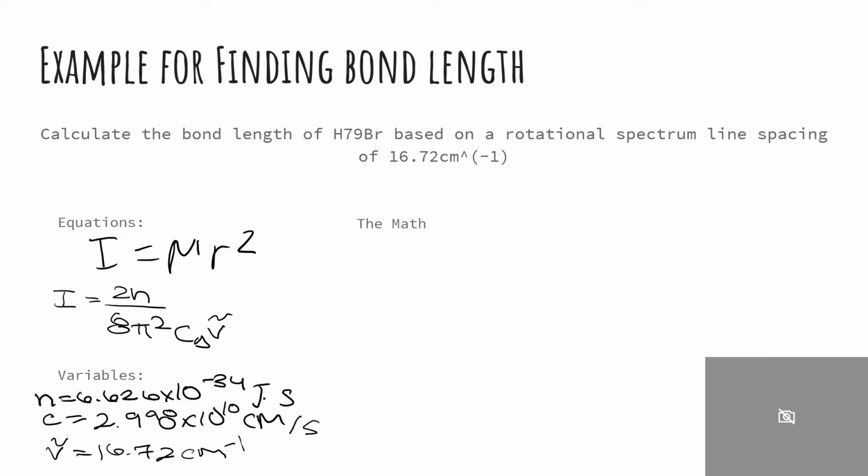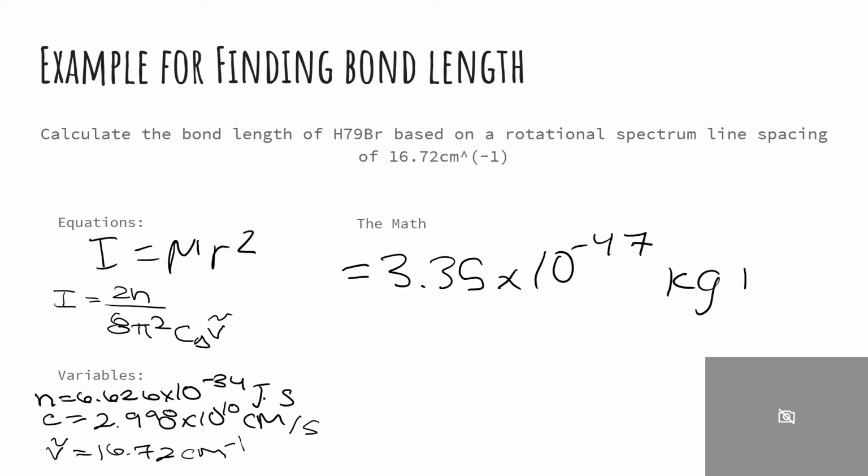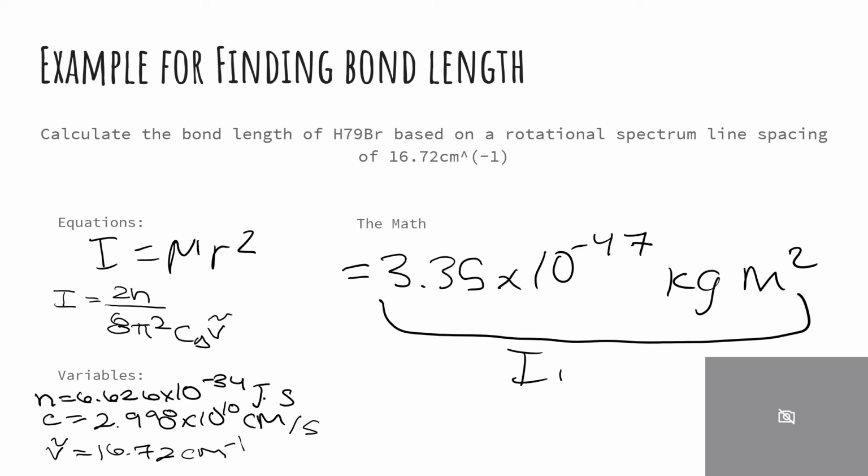When we plug our variables into this equation, we get our answer to be 3.35 times 10 to the negative 47 kilograms times meters squared. And this is our inertia.